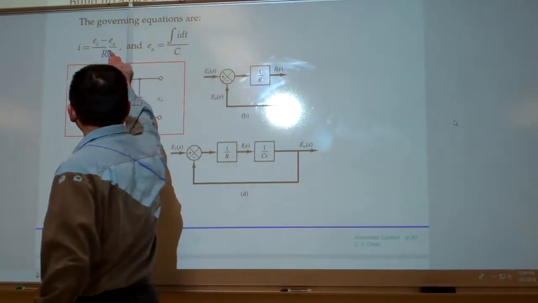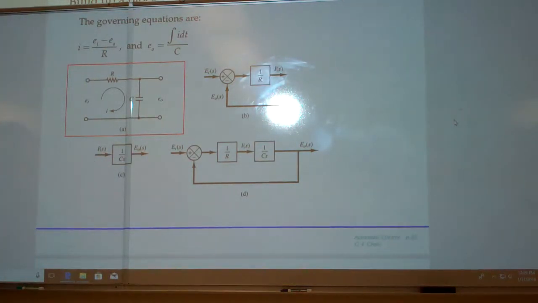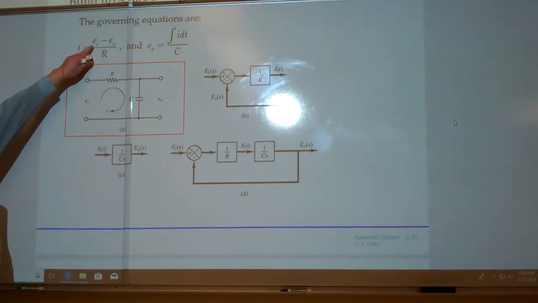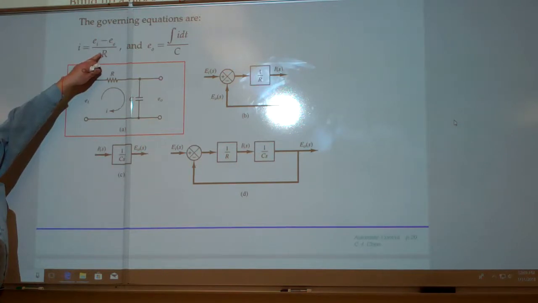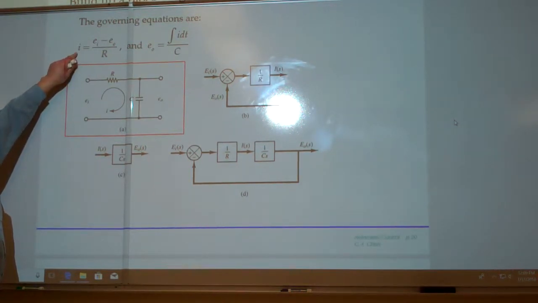You can see in this system, I is equal to a comparison of the output terminal to the input terminal, and then multiplied with a constant gain 1 over R. So again, we work on this one.